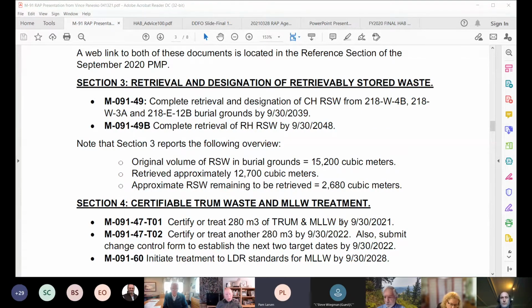One of the things Hanford was able to do with the last round of stimulus money was retrieve transuranic waste very efficiently, gigantic boxes and such. If we get the extra money, it's work that's ready to go. We should monitor that and potentially suggest that if we get extra stimulus money, this would be a good place for it. Thank you.